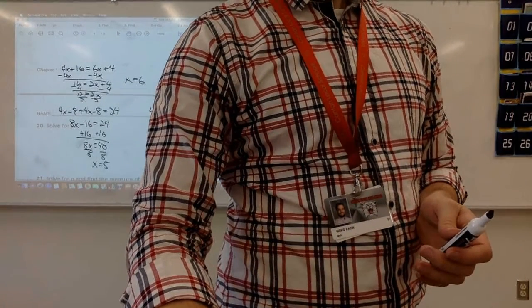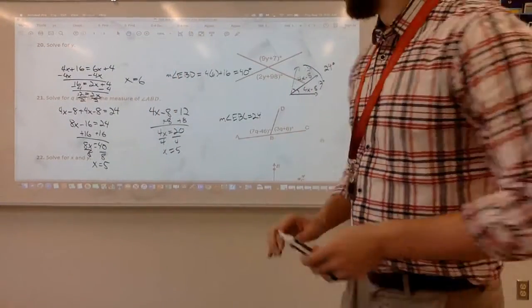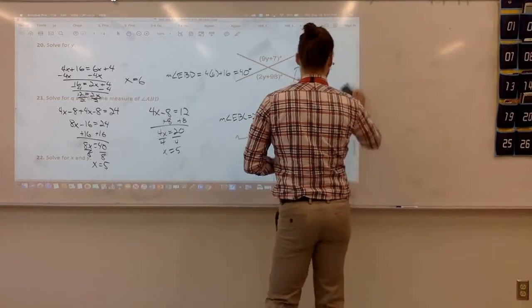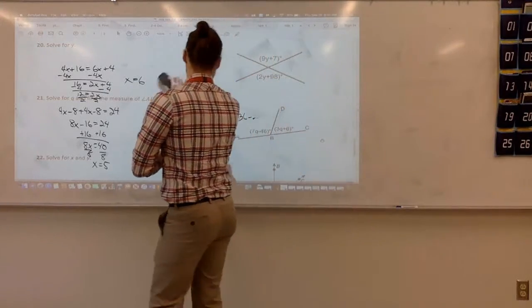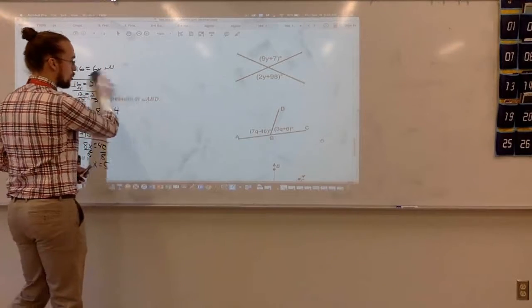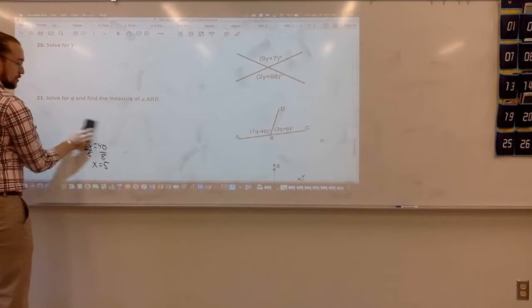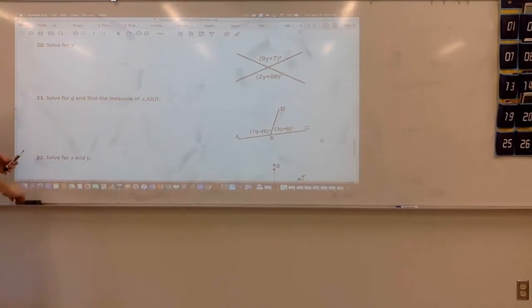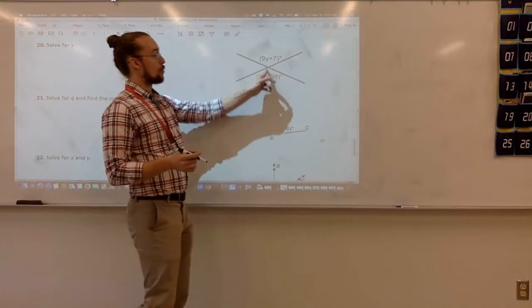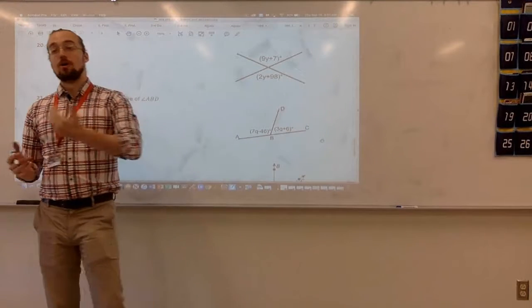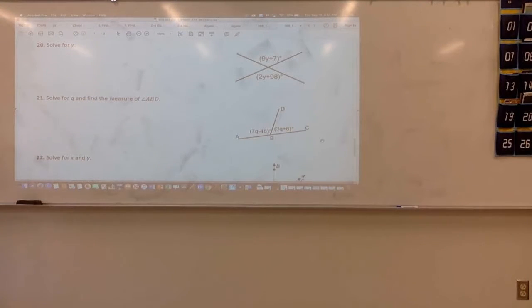All right, then the last page was our angle relationships from the last section. Look at it: vertical angles, linear pairs, and complementary angles. In this first one, angles that are right across from each other are vertical. Vertical angles are equal to each other.